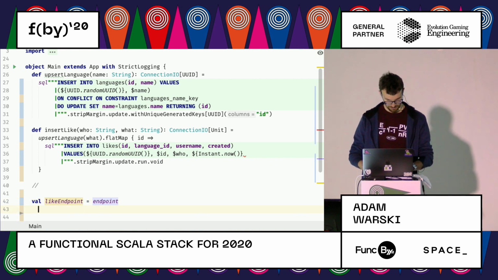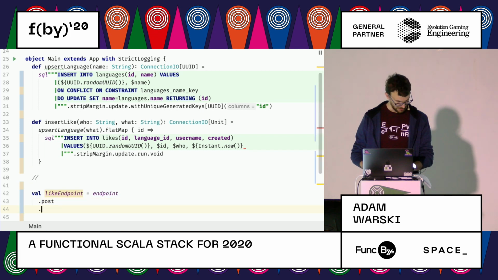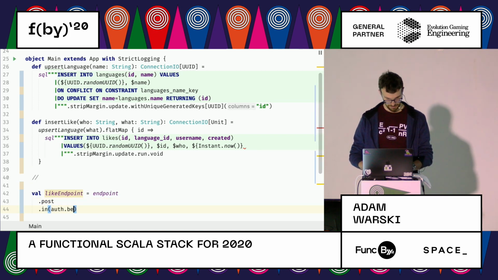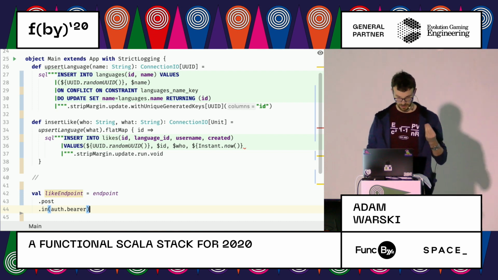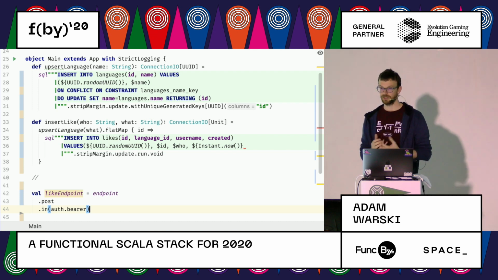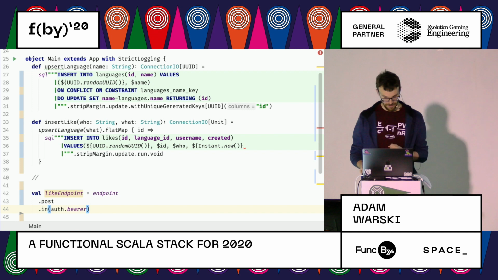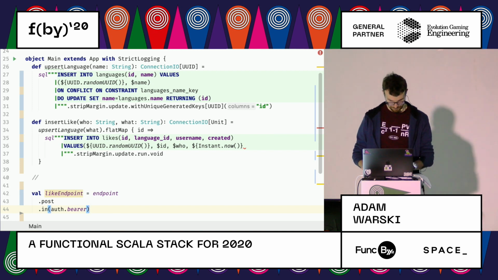So our endpoint, that will be a post endpoint, and we will secure it with a bearer token. So on the input, what we want to extract from the request is the bearer token header, and we want to get that value.